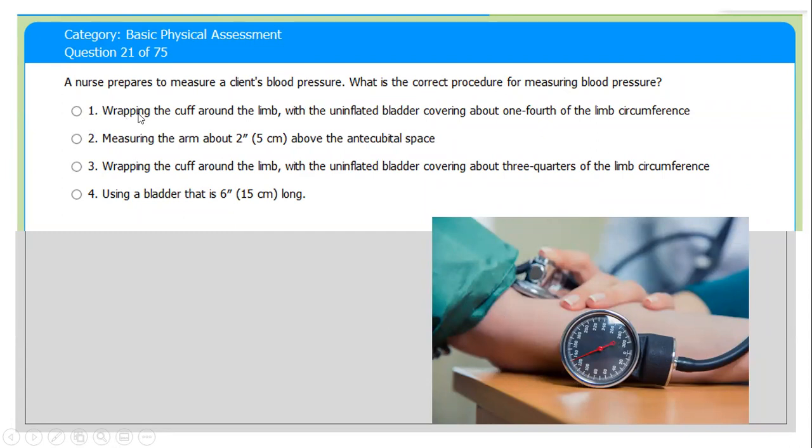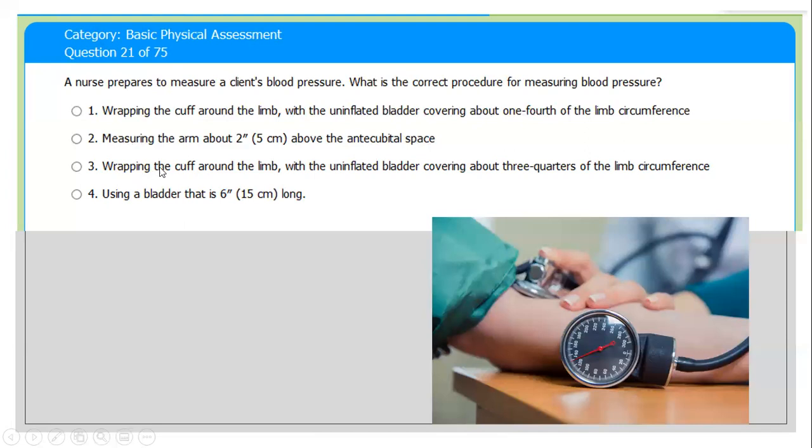Number one, wrapping the cuff around the limb with uninflated bladder, covering about 1/4 of the limb circumference. Number two, measuring the arm about 5 centimeters above the antecubital space.